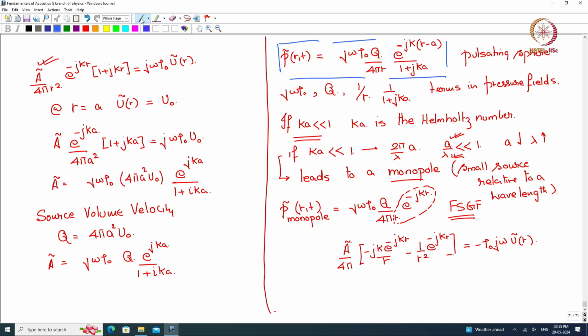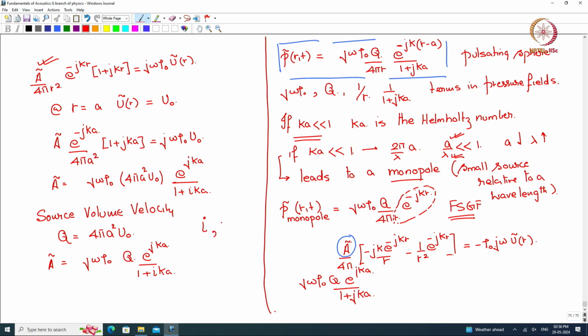So from this equation, if I substitute this value of a, which is j omega rho 0 q e to the power of j k a by 1 plus j k a, please notice that I use i and j interchangeably.